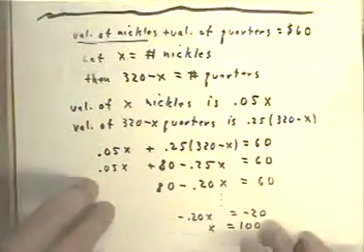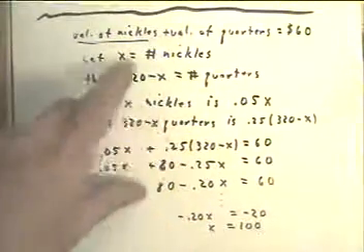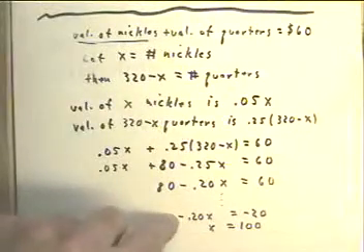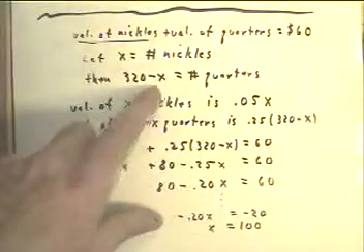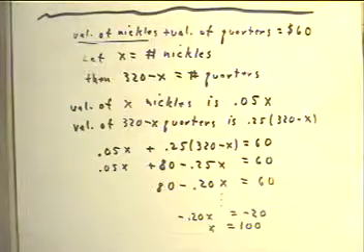Now what does that tell us? That tells us that x is the number of nickels, so we have 100 nickels. And we have 320 minus X, or 220 quarters.